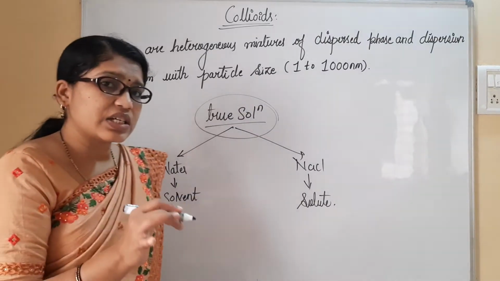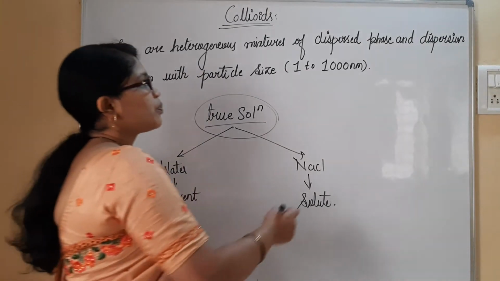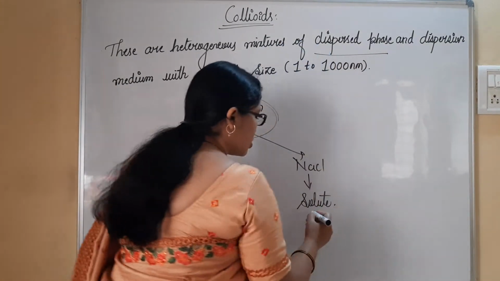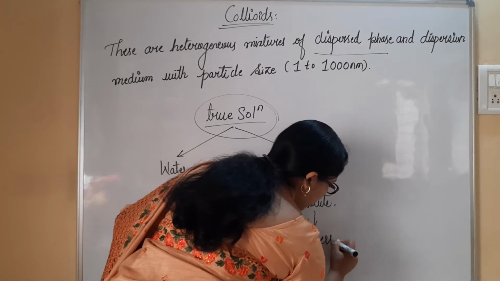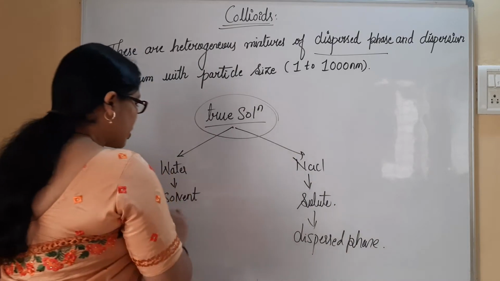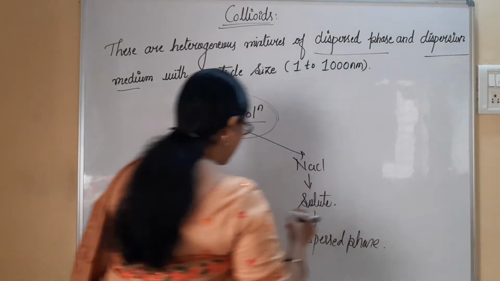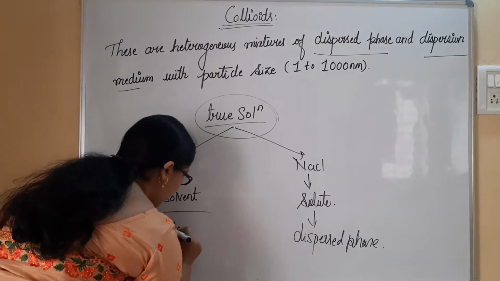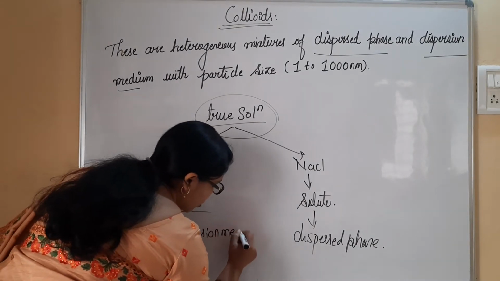Now, in terms of colloids, the dispersed phase is nothing but the solute itself. Solute itself is referred to as the dispersed phase, whereas solvent is referred to as the dispersion medium. Solvent is referred to as the dispersion medium. Okay?